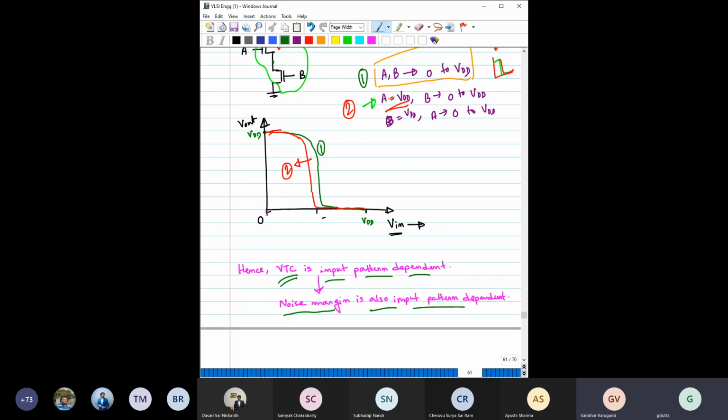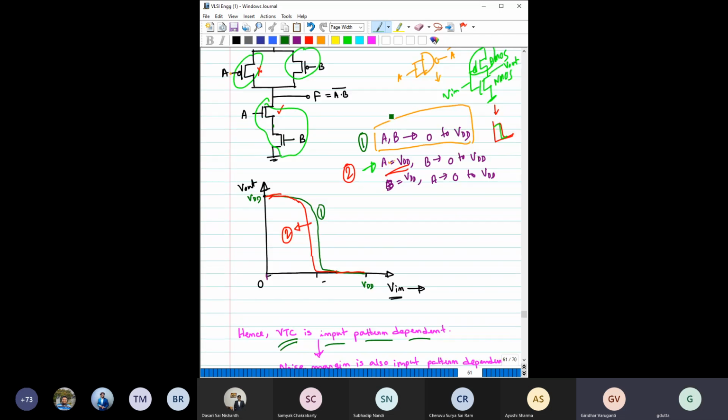But for a two-input NAND gate, NOR gate, or any other multiple-input gates, you will find its VTC is dependent on the input patterns, how the inputs are changing. And if the VTC is dependent on the input pattern, definitely the noise margin is also dependent on the input pattern. So if you consider only one case while designing the noise margin, then probably you might not be doing the correct thing. You should consider what is going to happen for different combinations of input patterns.